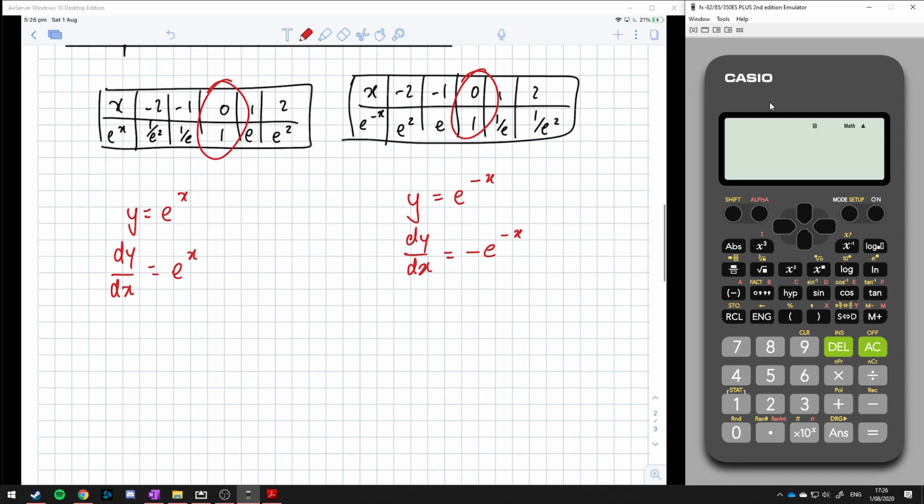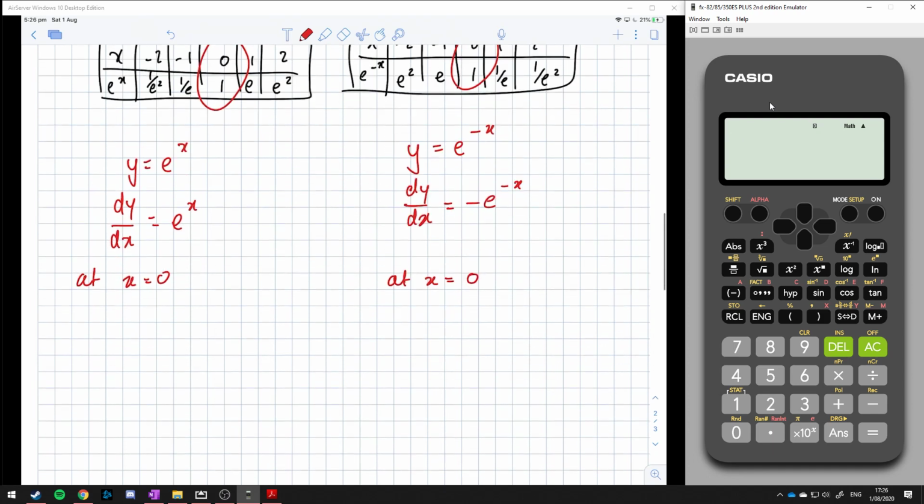If we substitute the x value of 0 into both of these, we get derivative values of 1 and negative 1, which means the gradients are perpendicular to each other. So the tangents at the point (0, 1) would be perpendicular to each other, which is a really cool fact about these exponential functions.